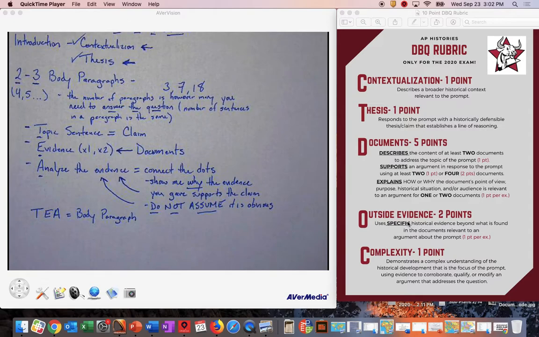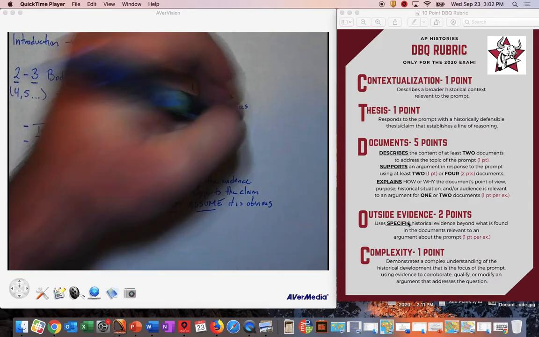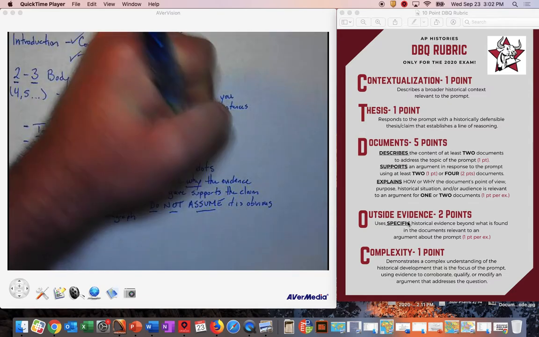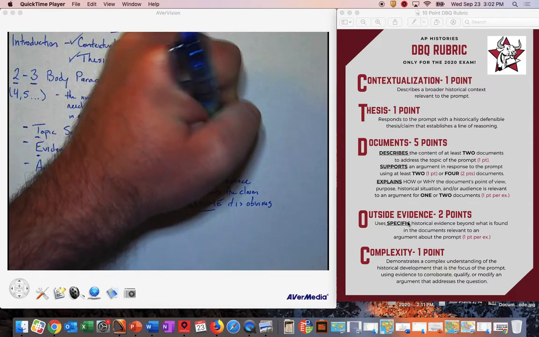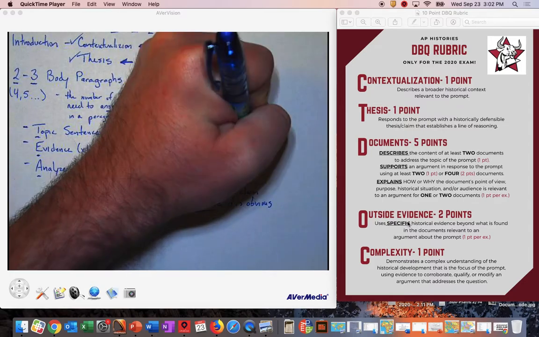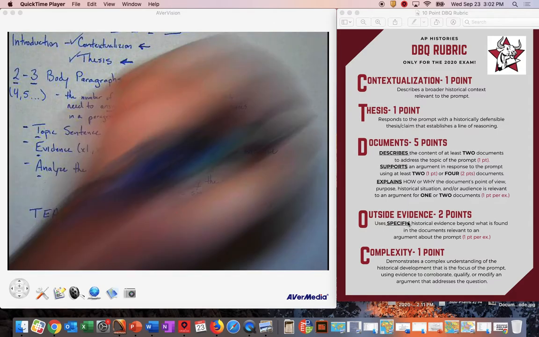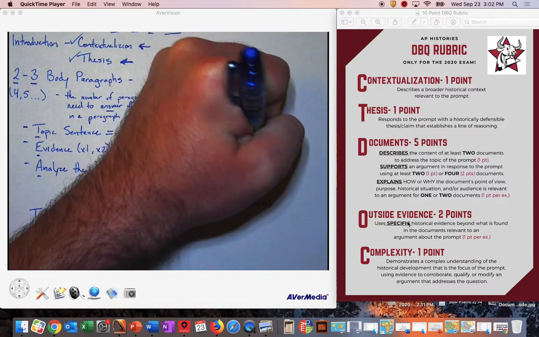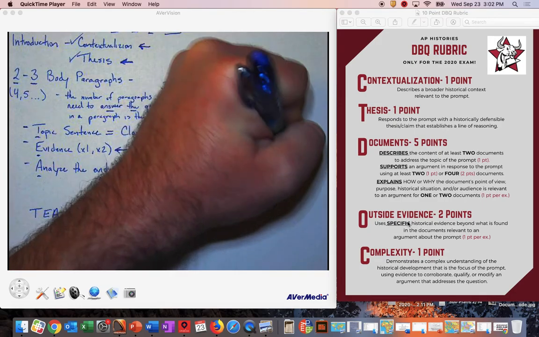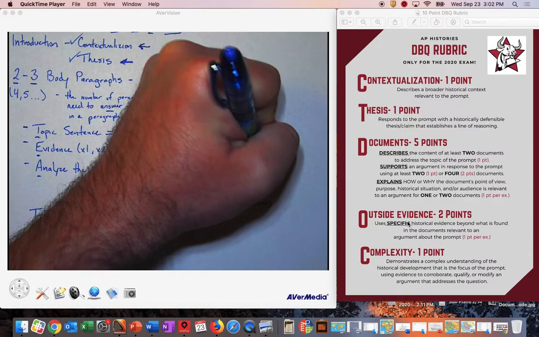So this is where all the evidence comes from. DBQs are really nice because you don't have to give me a lot of evidence. Most of the evidence you need comes from the documents.